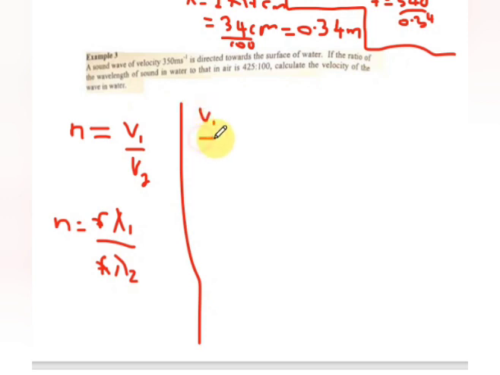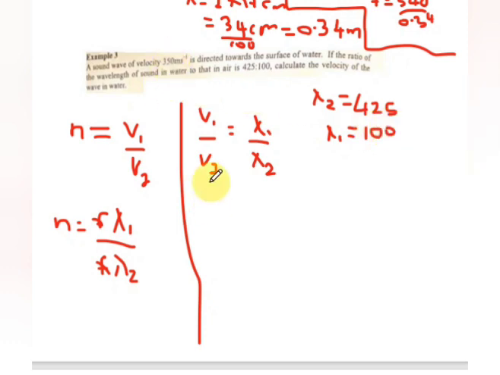So we can now say that v1 over v2, by combining both equations together, is equal to lambda 1 over lambda 2. But from the question, the wavelength of sound in water is 425. So that's lambda 2 is equal to 425, and that in air, which is lambda 1, is going to be equal to 100.